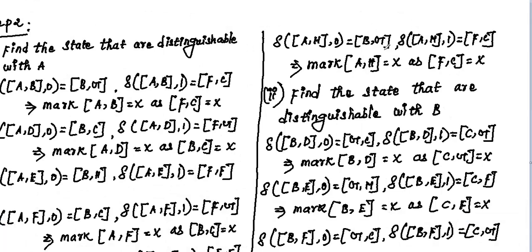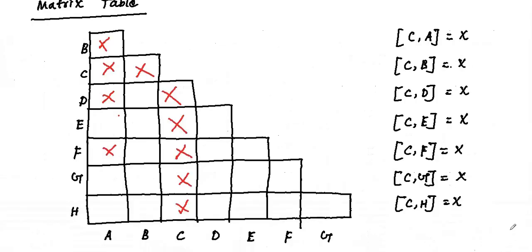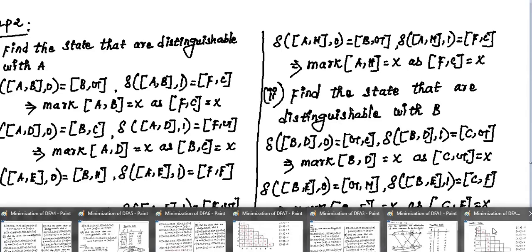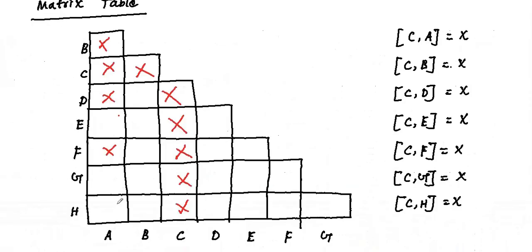In these two answers, FC cross mark. Look at the first step. We already put cross mark C comma F. F comma C, C comma F both are the same. Here F comma C is a cross mark. Then mark AH equal to cross mark as F comma C is a cross mark. Go to the matrix table, AH cross mark.